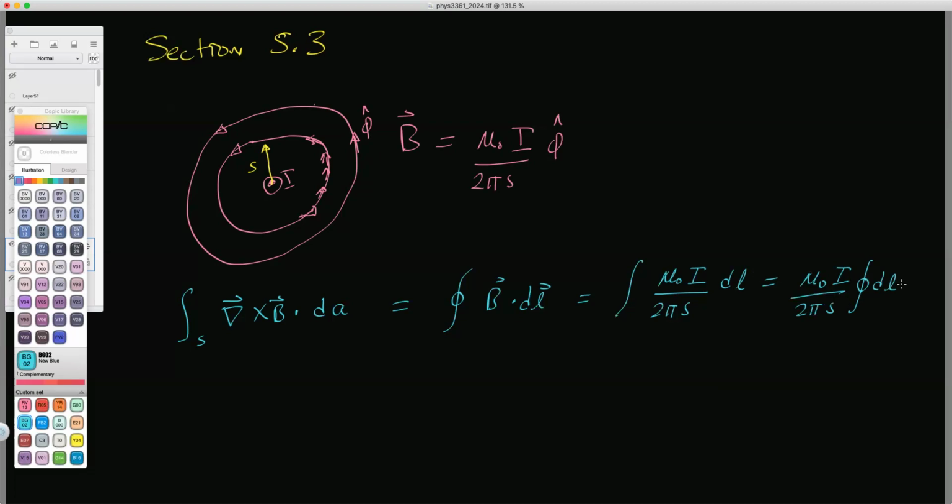And 2 pi s is the integral of dl, right? That's the circumference of a circle. So this is just going to be mu 0 I, which is what we expected. Notice that this I is the current that's piercing the surface.